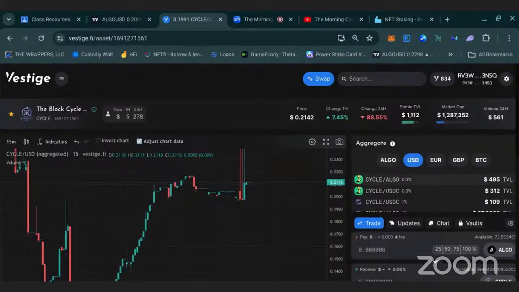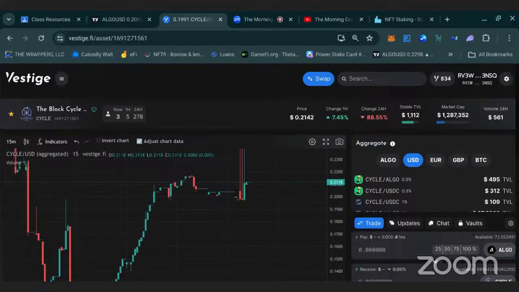Every time you buy a token, sell a token, send a token, receive a token, add the token to the liquidity pool, farm the token, or stake it, it's going to increase the value of the token. You can be sure that the reason for the BlockCycle token's success will be the education of new people.